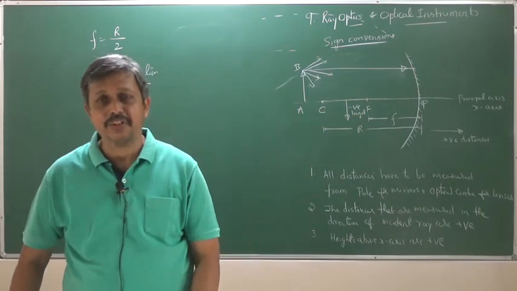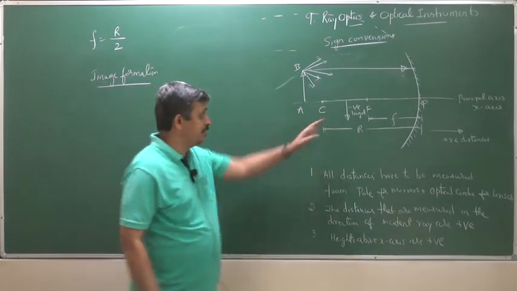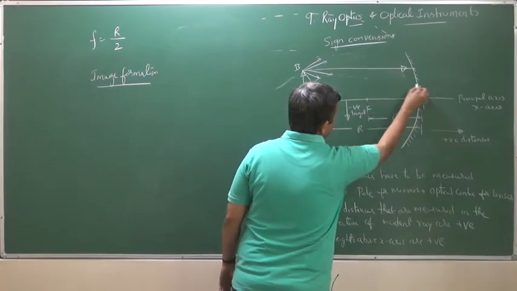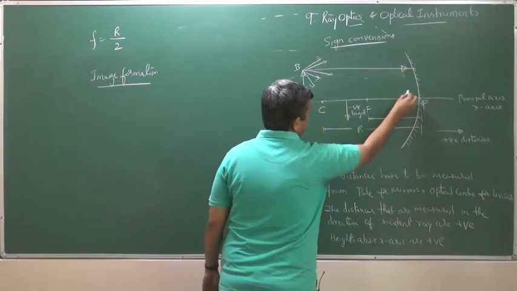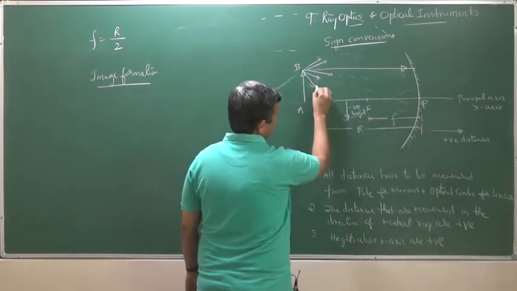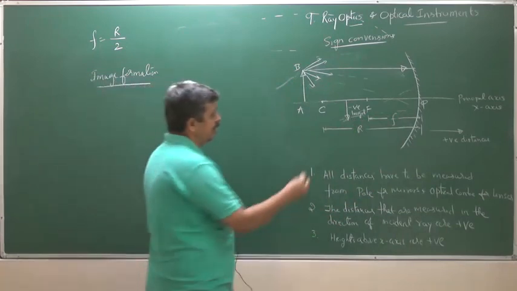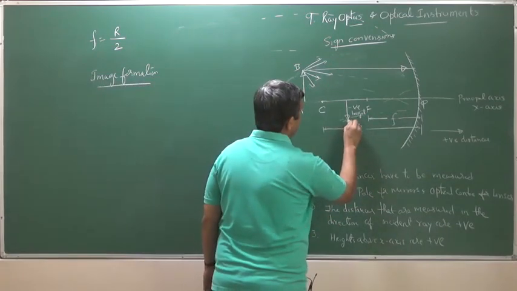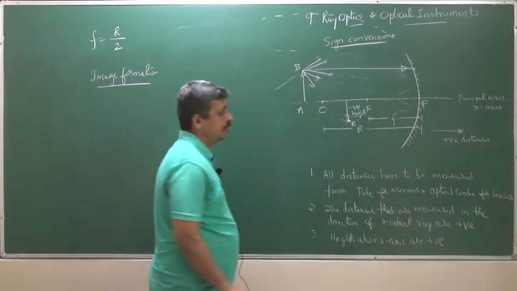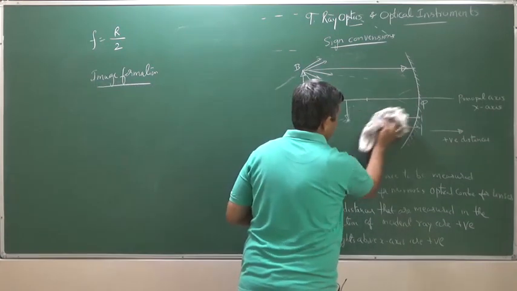Then we say that point is the image. Let us say it went here, came back here, and this one went there somewhere, came back here, like that, if you draw all of them. So finally let us say they all formed here, B dash, one point. Let me just make it more clear here.